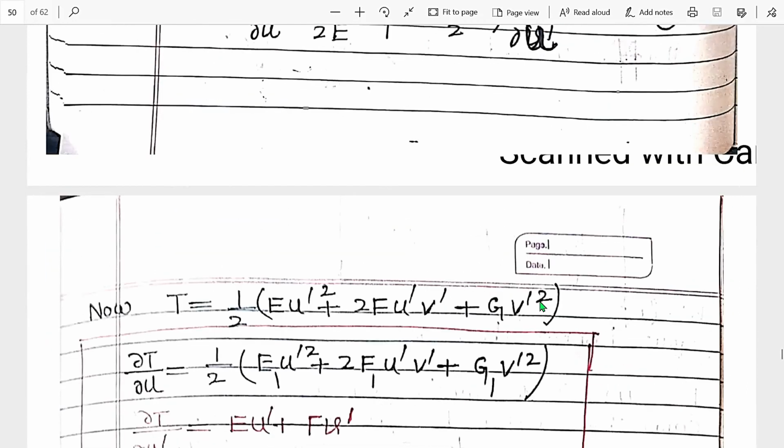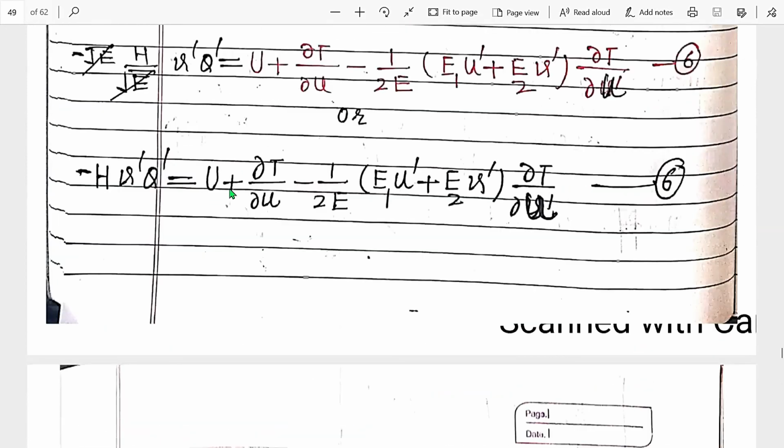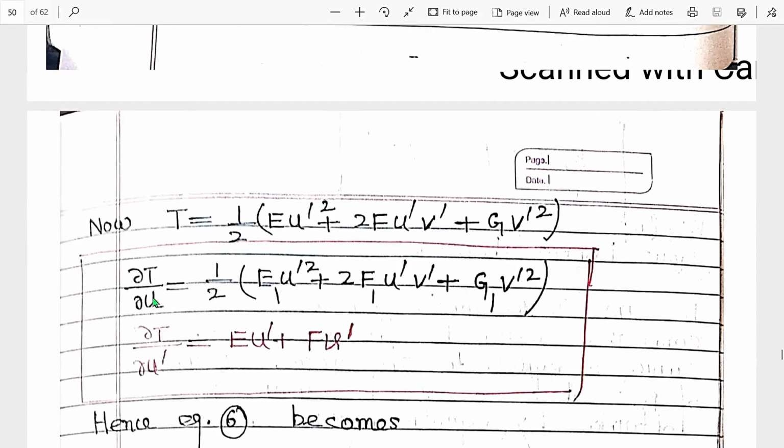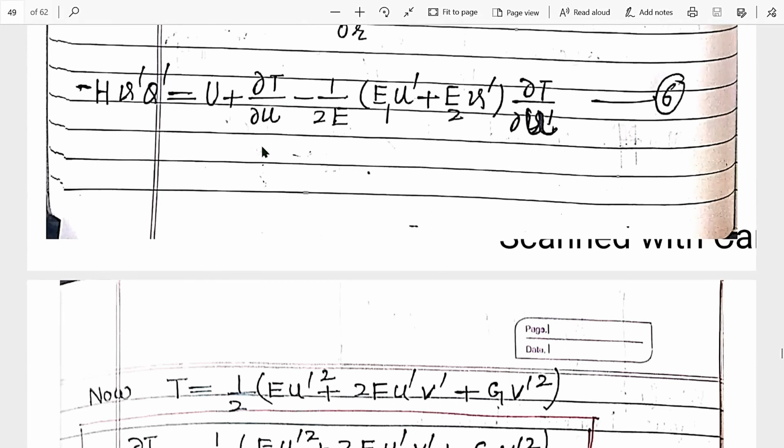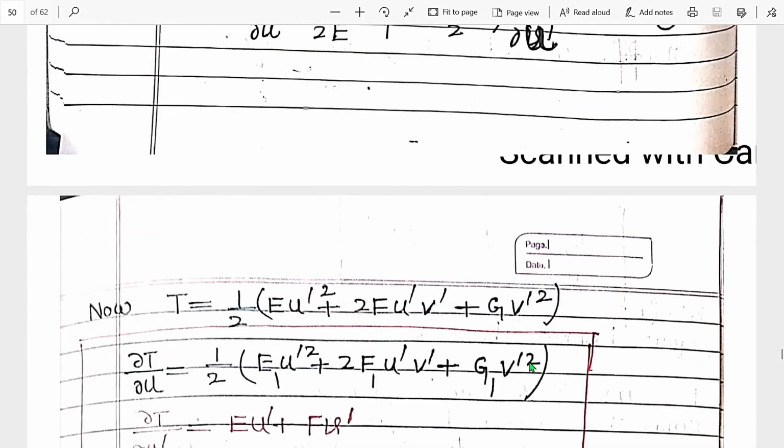Now again we know the value of T, right? So from this equation we can find curly T by curly u and curly T by curly u dash. So substitute the value of curly T by curly u in this equation. Similarly, substitute curly T by curly u dash in this equation.